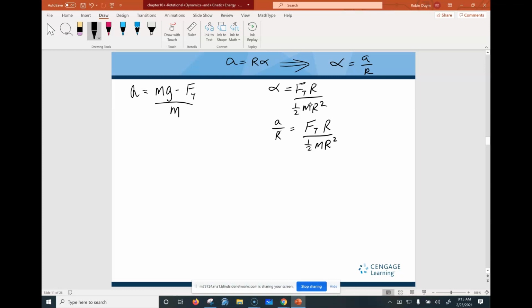So this cancels with this, cancels with this. So we could get an expression for our force of tension in terms of A, right?